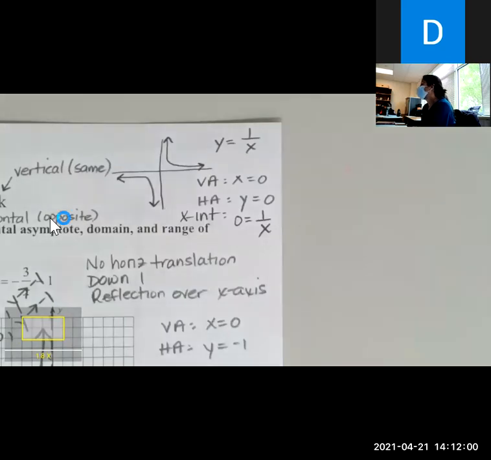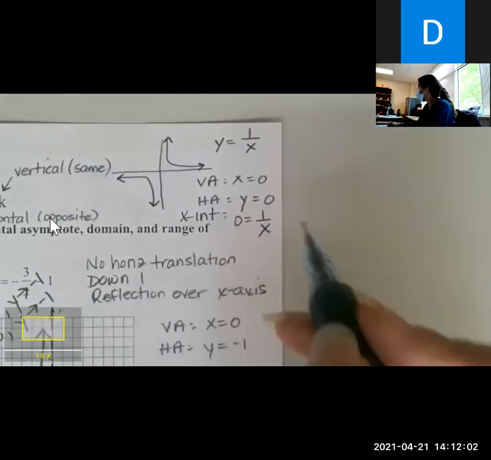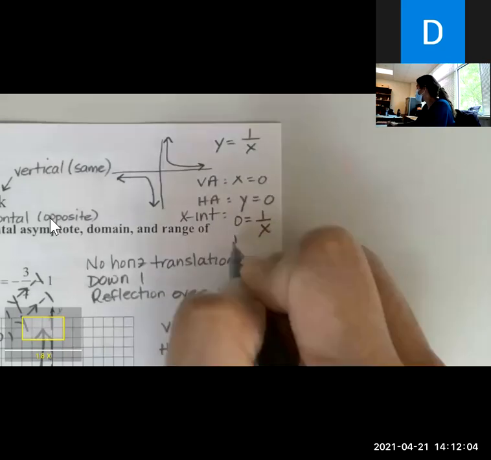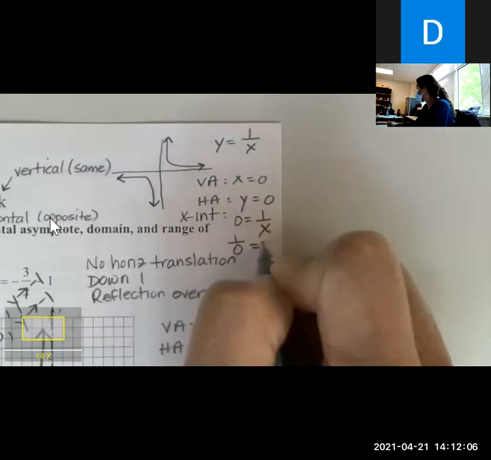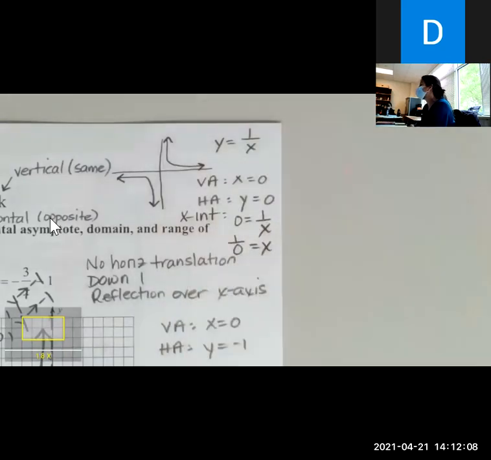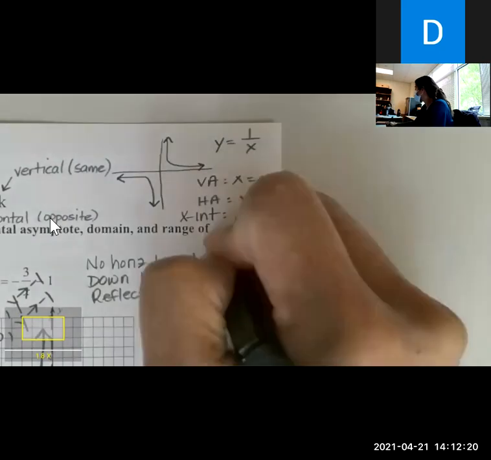If I have to solve for x, the 1 goes above the 0, 1 divided by 0 equals x. Are you able to divide a number by 0? No. What is that called when you divide by 0? Undefined. Excellent.